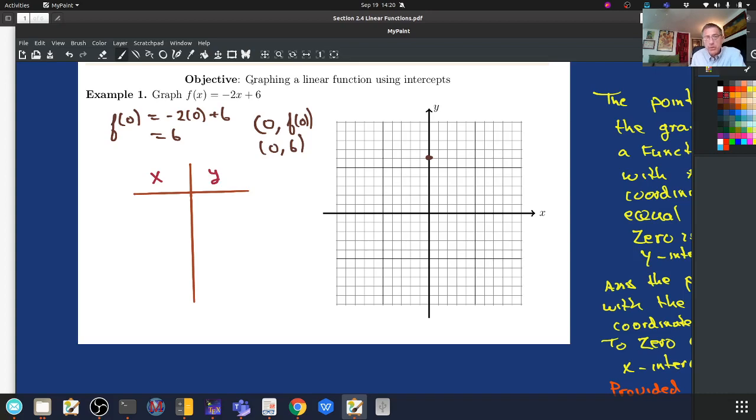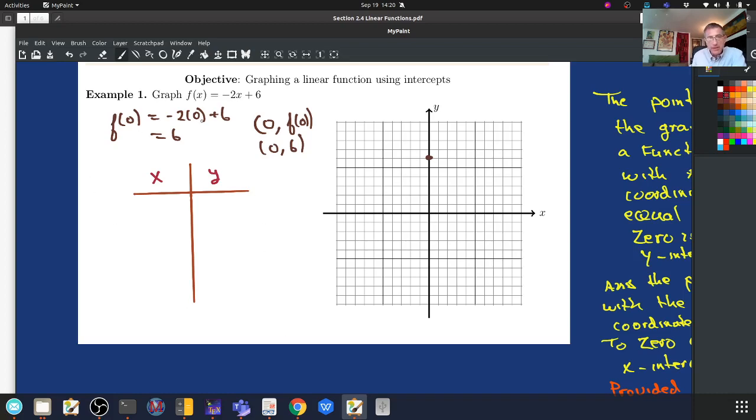But notice we require 2 points to create a unique line. And it may be that we can't use the intercepts to do that. This assumes that the intercepts are 2 different points. If the x-intercept and the y-intercept are the same point, then that point must be the origin. Now I'll give you a clue right here.